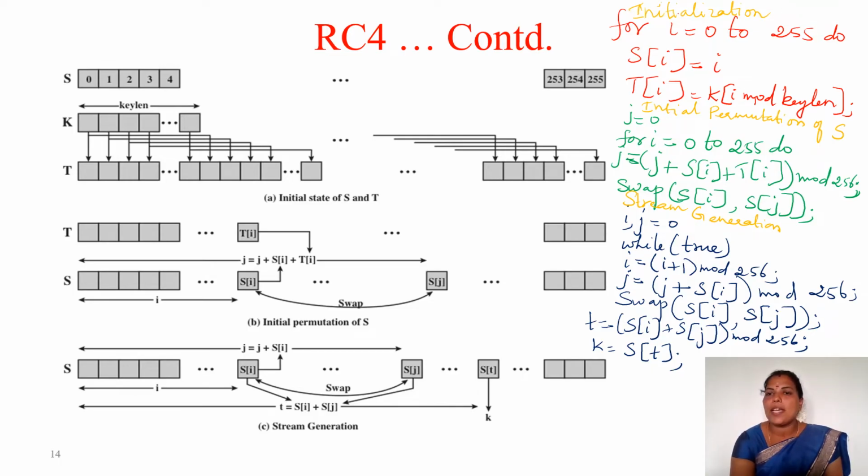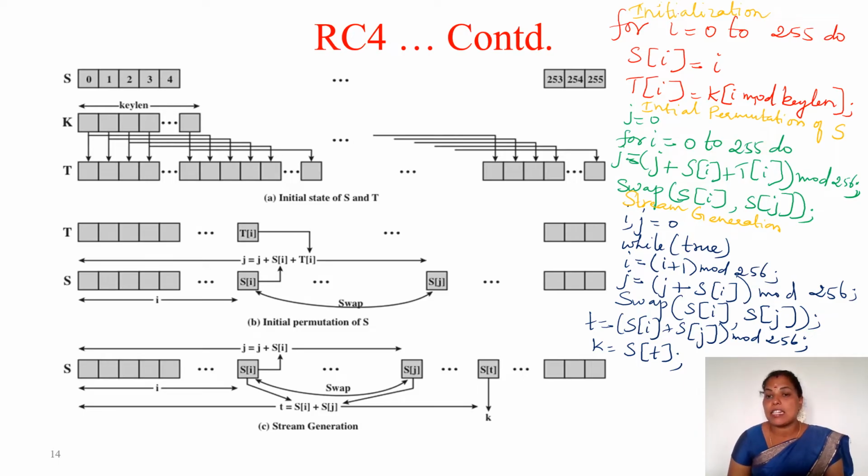Then we swap S[i] and S[j]. Permutation means we are changing the position of the values, so we perform some computation and a swap operation to make it a permuted one.